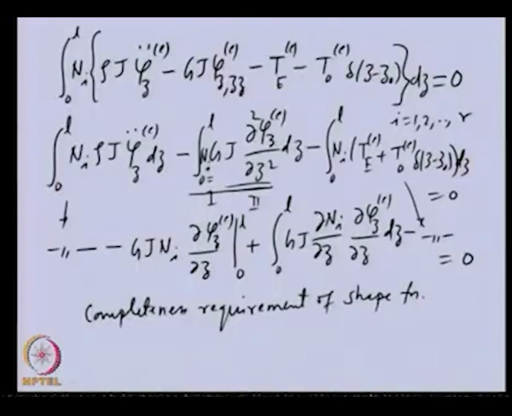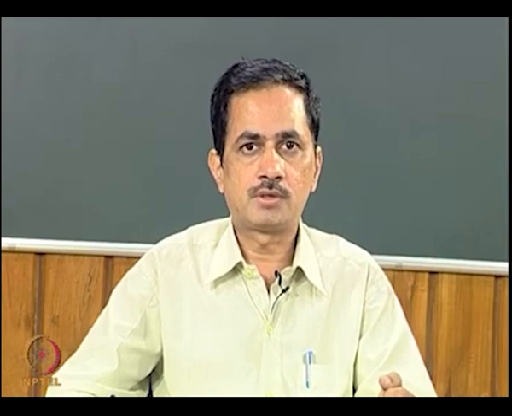Now we can have the explicit form of the shape function. To get it, we have seen that the linear polynomial is good enough for this particular problem from the weak formulation. So now we will obtain the explicit form of this shape function using the boundary conditions of the element.